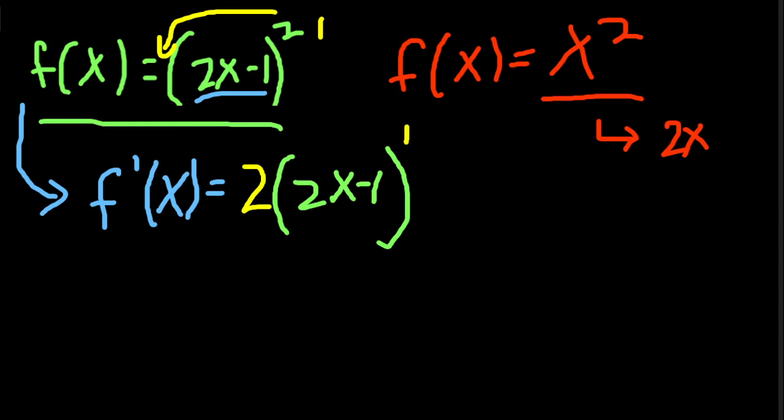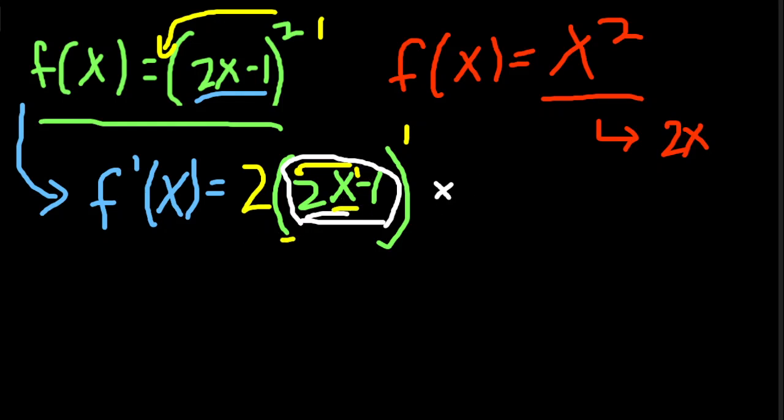The difference for this though is that you have to multiply by the derivative of this inside function. The derivative of 2x is just 2, because if you think about it, there is technically a 1 over here right now. So if you bring the 1 out front, you get 1 times 2, and then we subtract 1 from the exponent of x, so the new exponent becomes 0 and this x goes away.